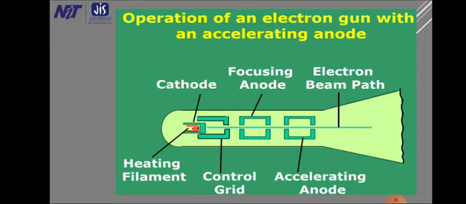We have three components here: a control grid, a focusing anode, and an accelerating anode. These are essentially three cylindrical devices which are placed inside it, and each of these three has a different job.